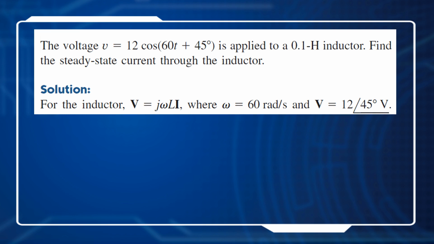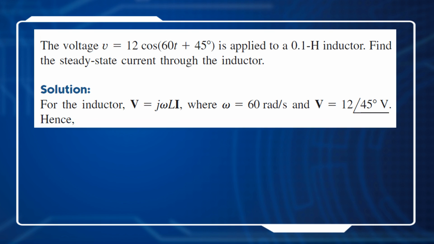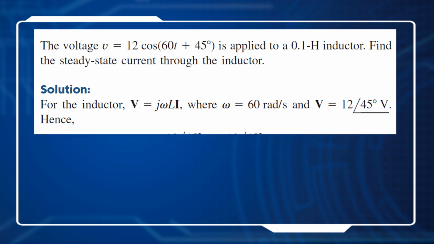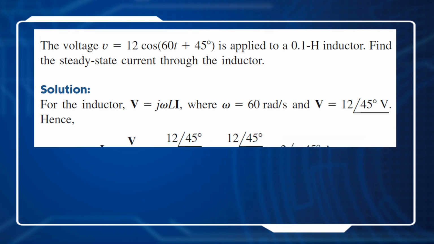And then we transform the sinusoid into the phasor, and we get V equals 12 angle 45 volts. Hence, we can calculate the current I equals V over j omega L, where omega equals 60 radians per second.